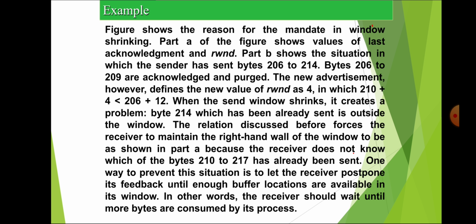The bytes 206 to 209 are acknowledged. 206 to 209 means four bytes are acknowledged, meaning they have received the acknowledgement. Now in the new advertisement, the new value of the receiving window is 4, in which 210 plus 4 is less than 206 plus 12. That is the one formula for the shrinking, used to prevent the shrinking.